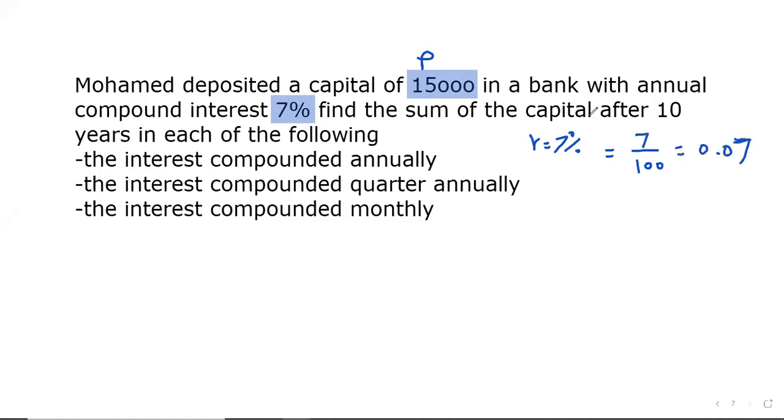Find the sum of the capital after 10 years. So here t, the number of years, is 10. In each of the following cases, if the interest is compounded annually, that means it's once per year, so the number of times per year is one.